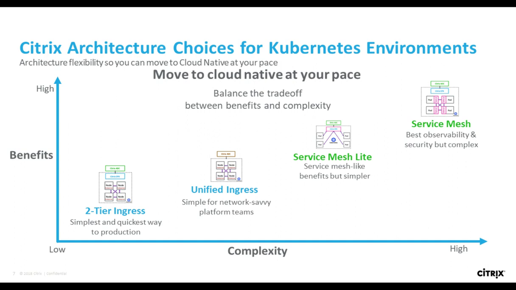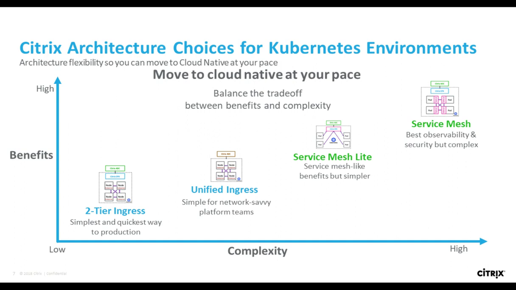There is a variant of 2-tier ingress, which is the unified ingress, which gives you very similar simplicity of 2-tier ingress, but also gives you additional benefit of reducing 1 hop, but that is more suitable for platform teams who are very network savvy.